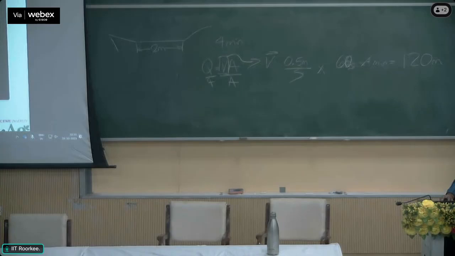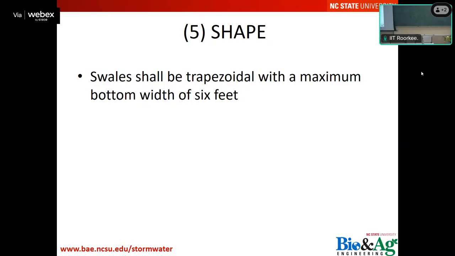So then you're actually never using all 2 meters. In fact, we use 6 feet, which is almost 2 meters. I even say that most 6-foot wide swales or 2 meter wide swales don't quite work as intended. So that's an anecdotal observation.